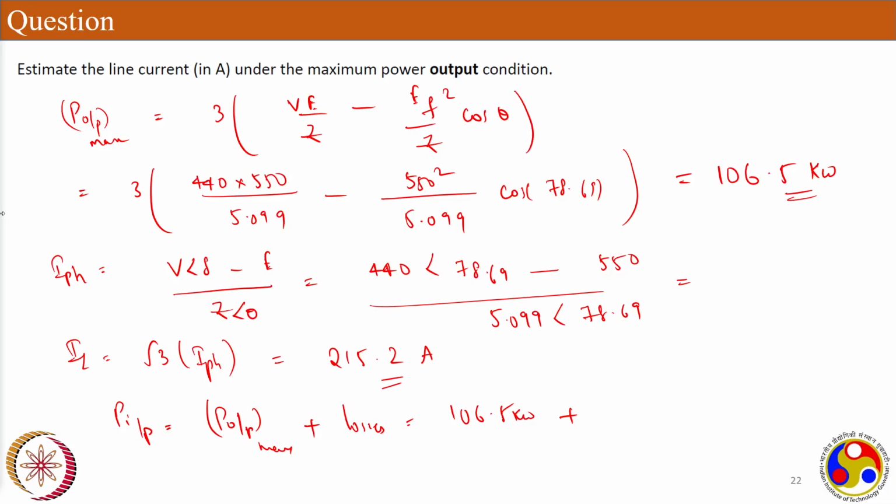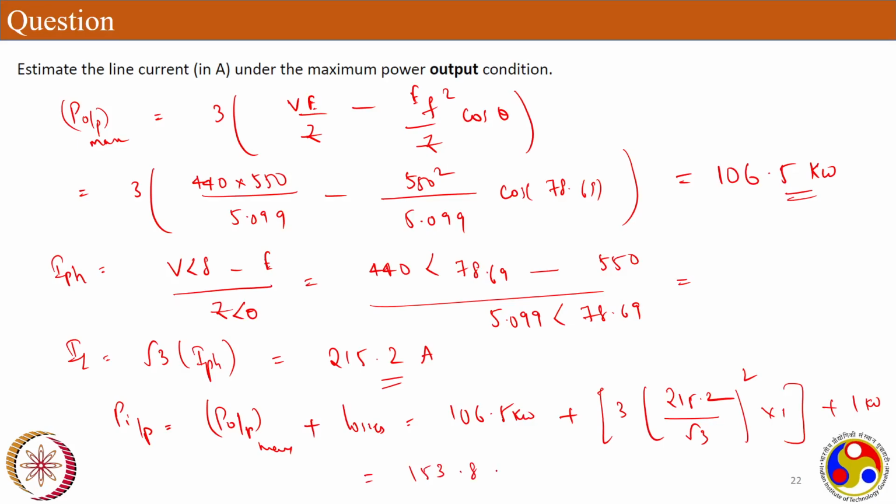Now we can calculate that: 3 times phase current, that is 215.2 divided by root 3 whole square, multiplied by 1, plus 1 kilowatt, that is rotational. So you solve this one, you will get the total input power as 153.8 kilowatt.